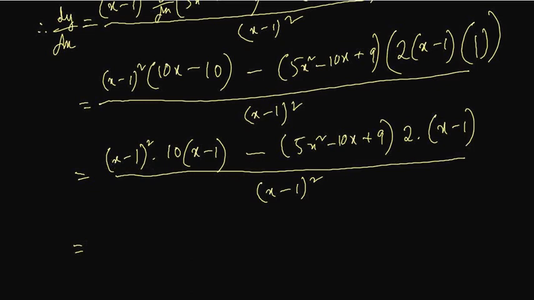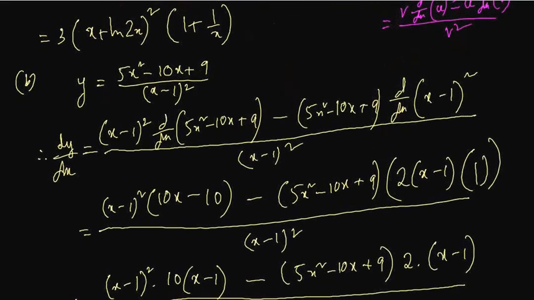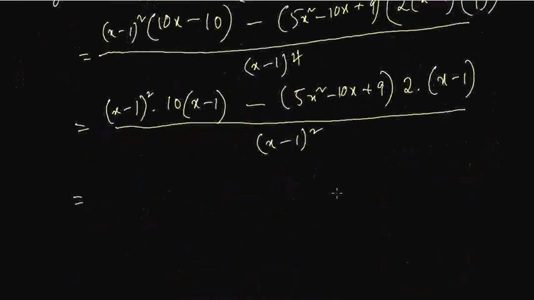One thing, I think I made a mistake. (X minus 1 whole squared) whole squared means this is going to be x minus 1 to the power 4, because it is v squared. Okay, x minus 1 to the power 4.